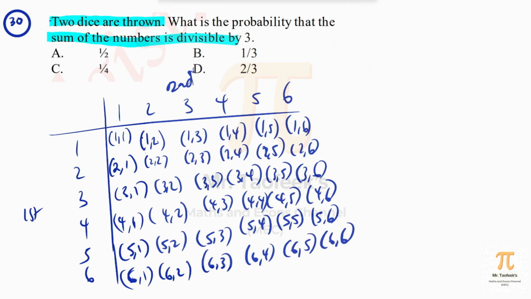Having all of that now, we have to circle those ones that their sum will be divisible by 3. So let's add up all these ones, starting with the first one. We are looking for the ones that their sum will be divisible by 3.